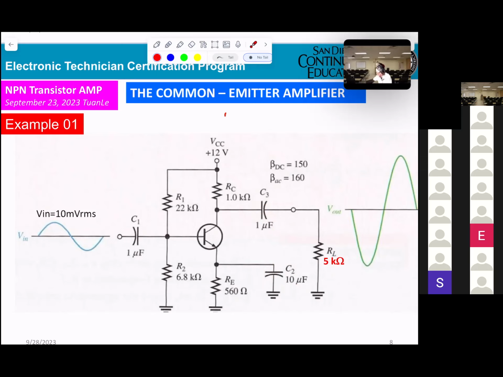And here they give you two betas. Beta is the current gain of the amplifier. So if you calculate DC, you're using 150. If you calculate AC, you're using 160. Okay?